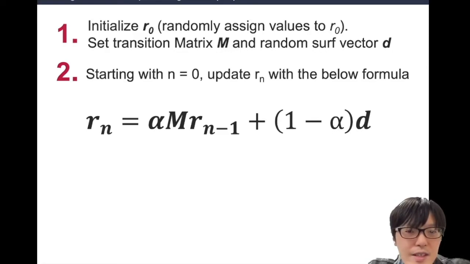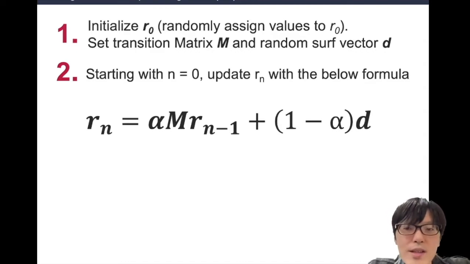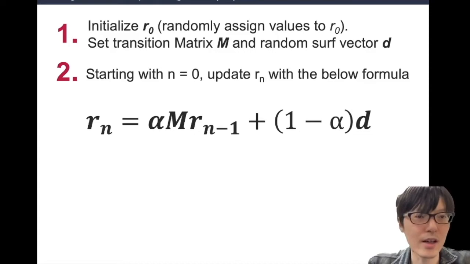Later I will explain the meaning of this random surf vector. Once we initialize these vectors and matrix, we update vector Rn by using this formula, starting with n equals 0.